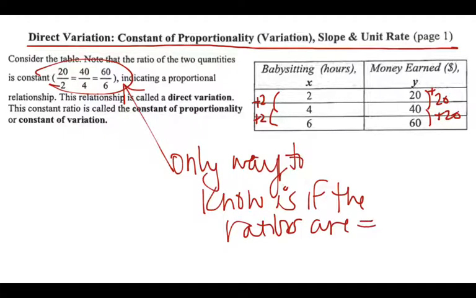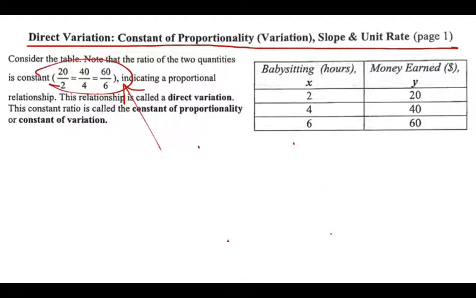Okay, yeah, you could go through and see if I could extend this out and see if I have a 0, 0 as an ordered pair. But creating ratios is the best, most efficient way to determine if it's proportional. Okay, this relationship is called a direct variation. So if it's proportional, it's called direct variation.